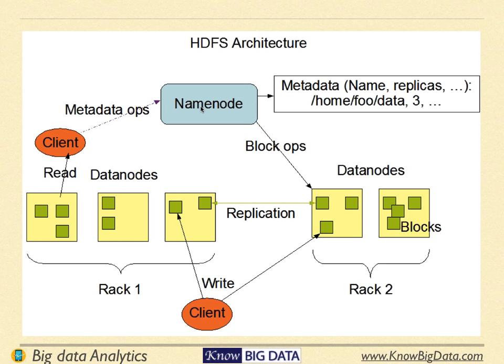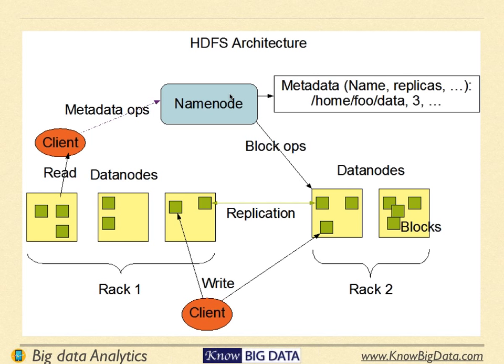Now the name node will get back to you saying, these data nodes are free, why don't you go to these data nodes and write the data directly on them, and those data nodes will internally do the replication. Once you are finished writing to the data nodes, you go back to the name node and tell it, hey, I'm confirming that I have written to the data nodes, please update your metadata, please update the index. Now the name node will confirm that you have written the file.